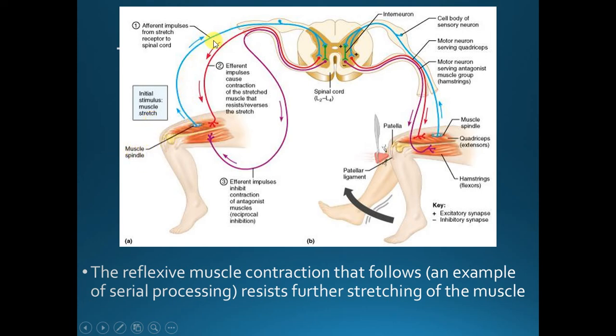Afferent impulse from the stretch receptor to the spinal cord, to the dorsal root of the spinal cord, and from the ventral root to the muscle spindle, the efferent impulses cause contraction of the stretched muscle that assists in reversing the stretch, and efferent impulses inhibit contraction of the antagonist muscle, called reciprocal inhibition.